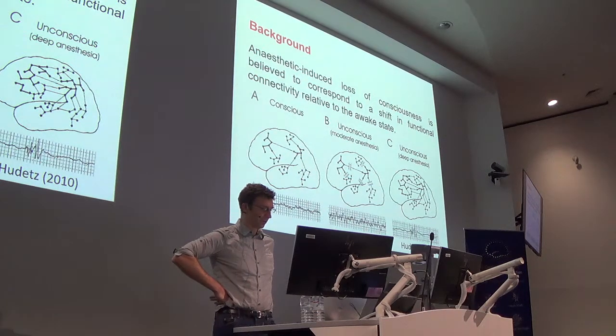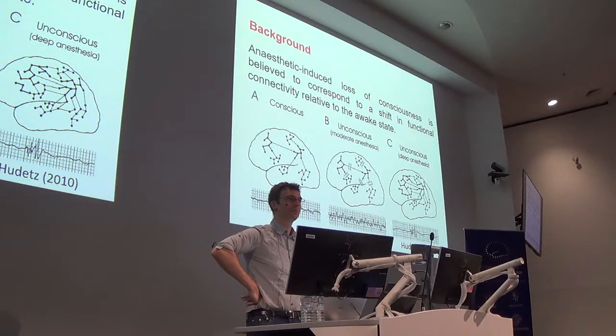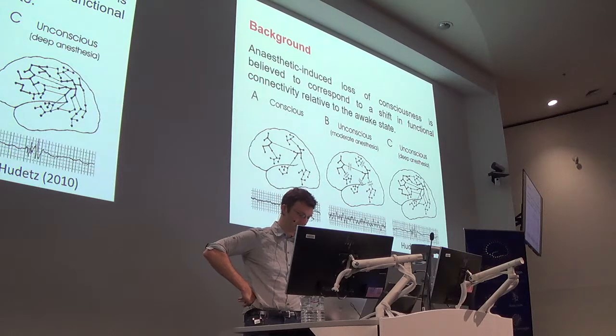A lot of people in the literature, for example, Melanie Boly has a review from 2017 that talks about posterior regions of the brain being involved in generation of global levels of consciousness.